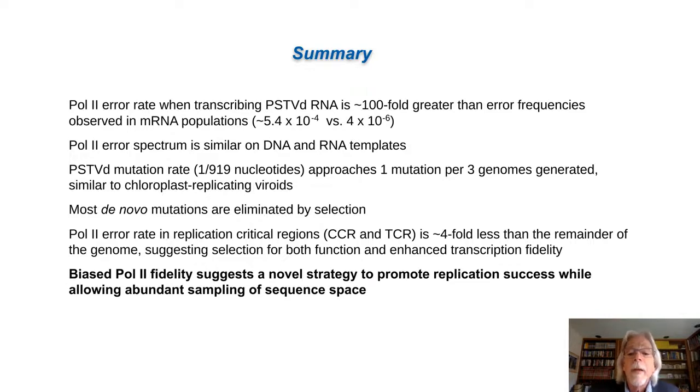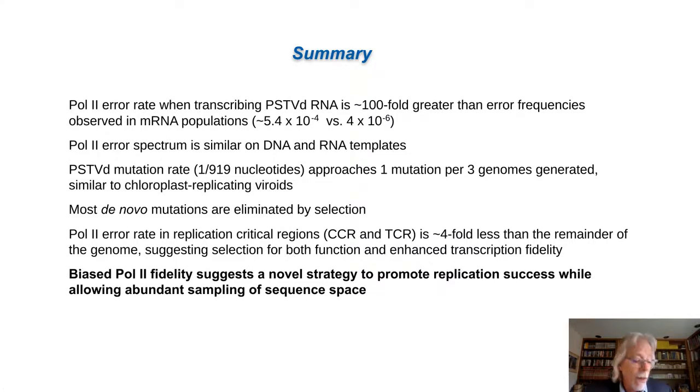The PSTVd mutation rate that we calculated, or extrapolated, I should say, is very high, about 1 in 1,000 nucleotides, which is approaching 1 mutation per 3 genomes generated, which is similar to the chloroplast replicating viroids.